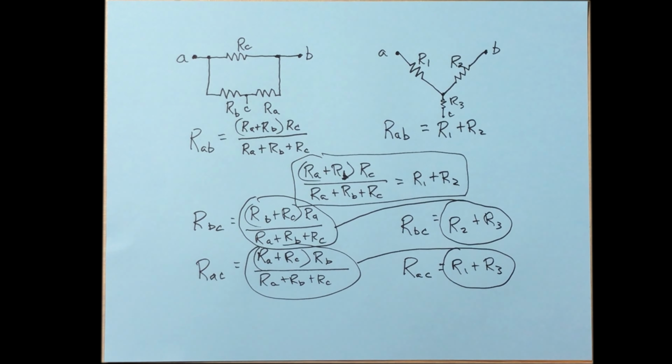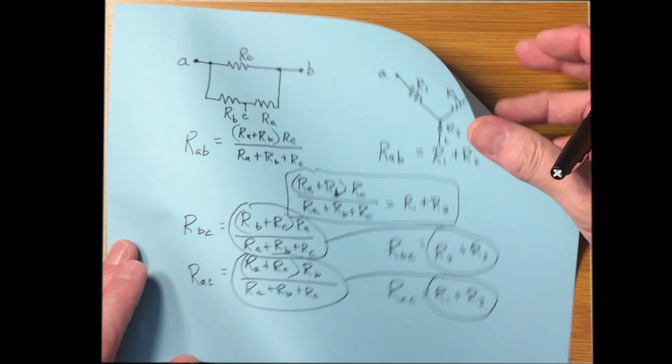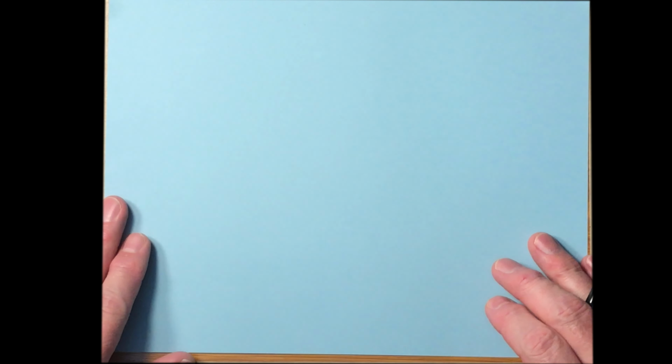And then the terminal behavior, terminal-wise, these will be equivalent circuits. So how do you do that? Well, there's some math involved. We're going to skip a lot of steps here, and I'm going to jump to the final solution. You can transform from the ABC side to the 1, 2, 3 side, or you can go from the 1, 2, 3 side to the ABC side.